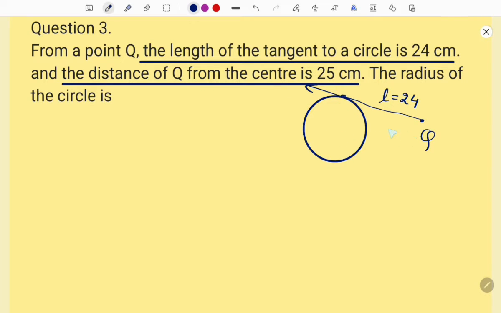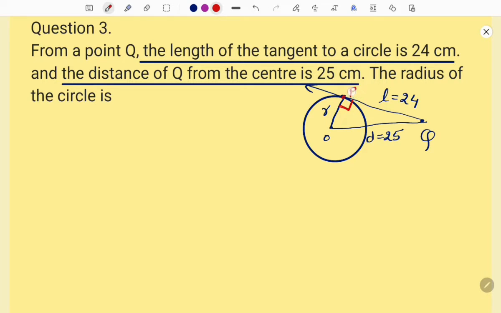Suppose here I take the center. From the center, Q is located at a distance D. The D is given as 25 centimeters. Now find the radius. We know that the radius is perpendicular to the tangent at the point of contact.